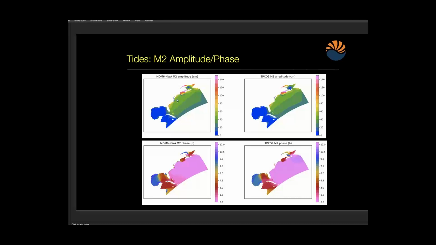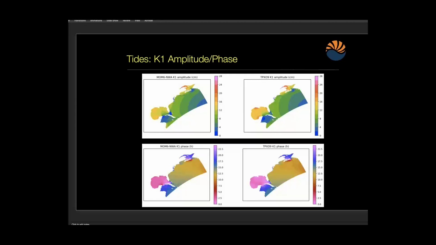On the left is MOM6, on the right is the TPXO data from which we extracted the boundary conditions for MOM6, with amplitude on top and phase on the bottom. And similarly for the K1 amplitude, the two more important tides in the region. So that's another addition to that.